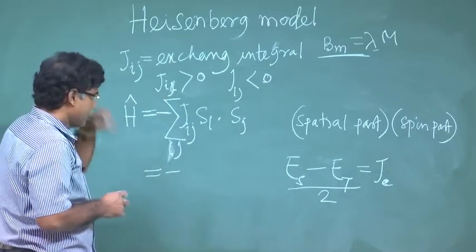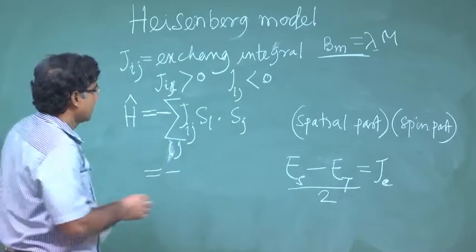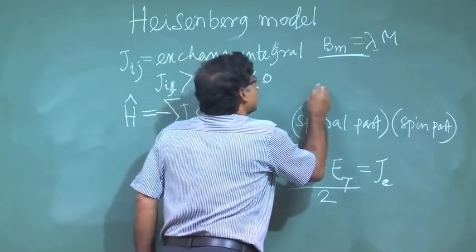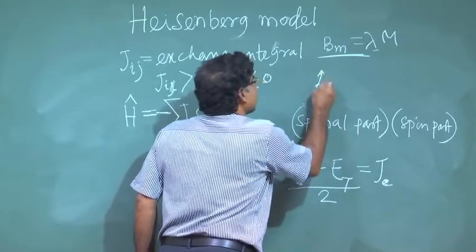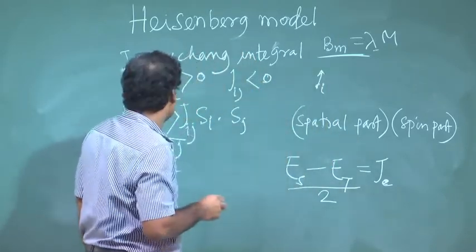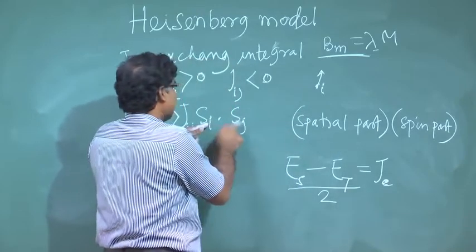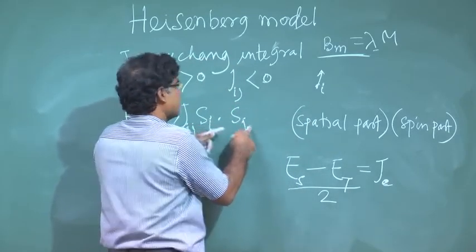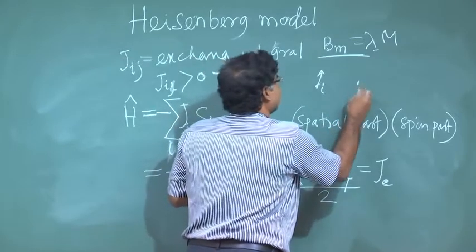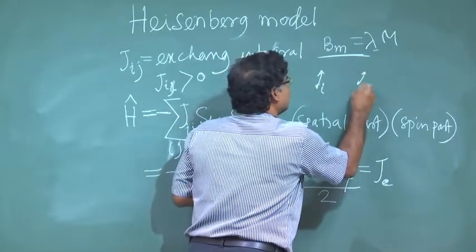So here you know that if I have the ith spin, the ith electron, S I S J, and the jth one is here.